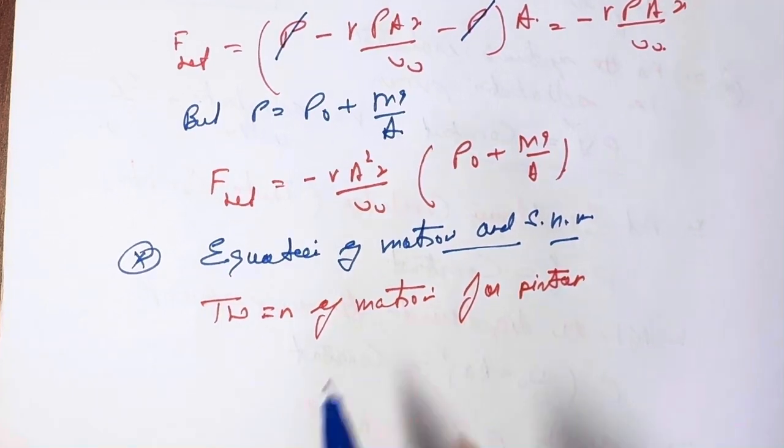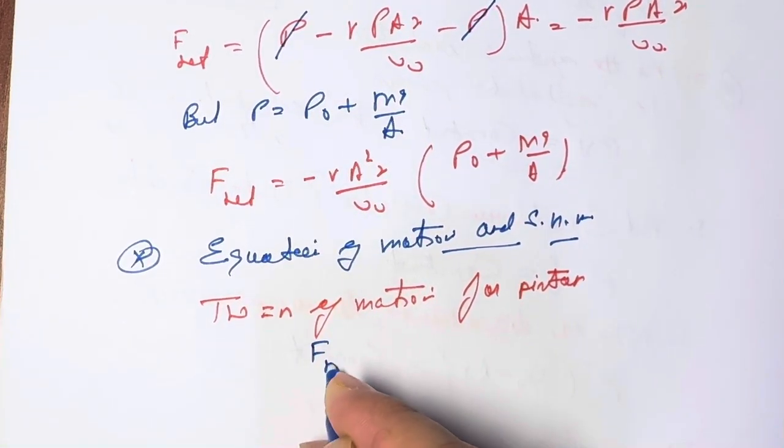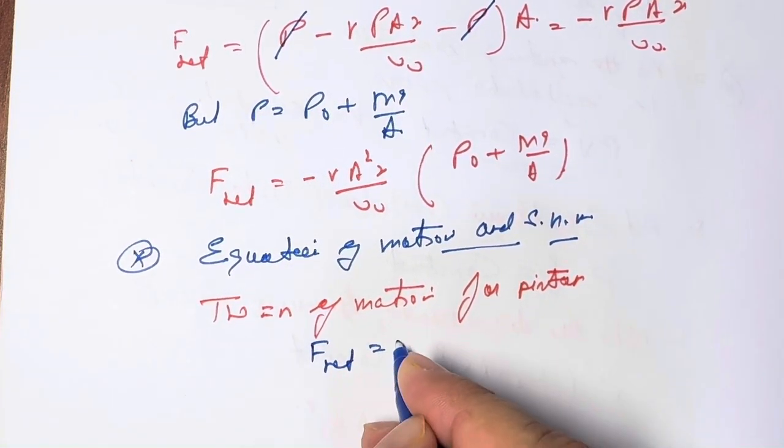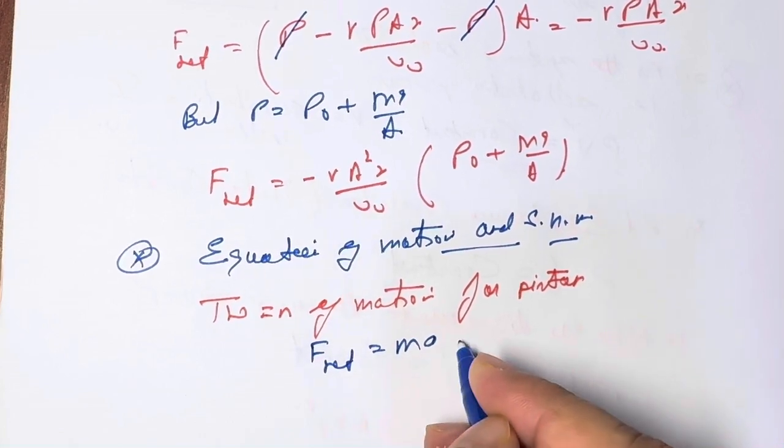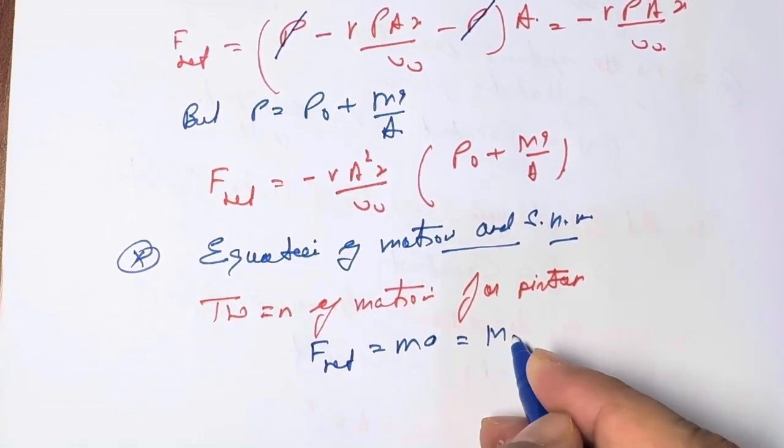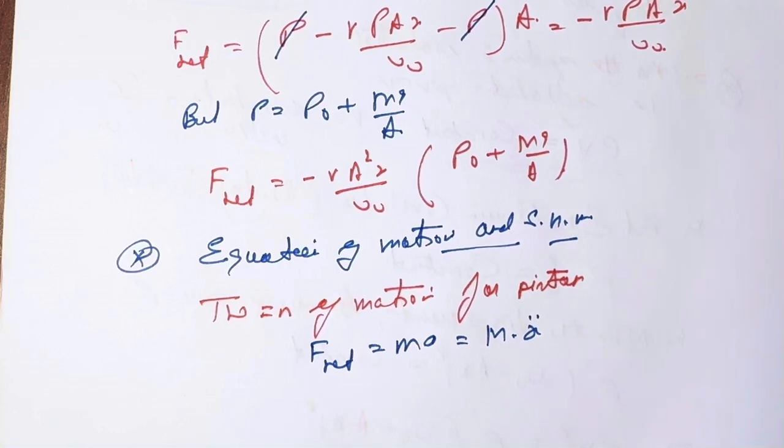That will be F net, the net force acting on it, which is equal to mass into acceleration. So we get mass times the double derivative of the displacement.